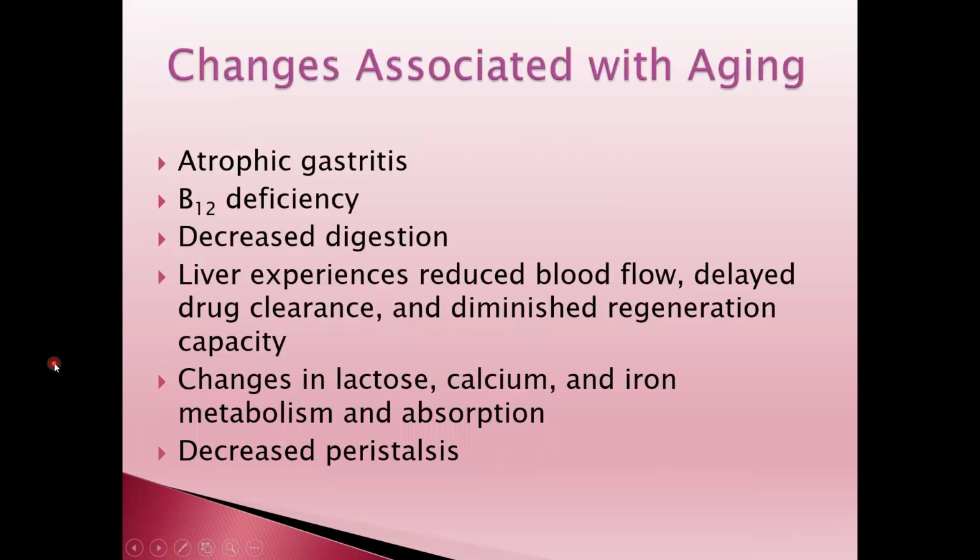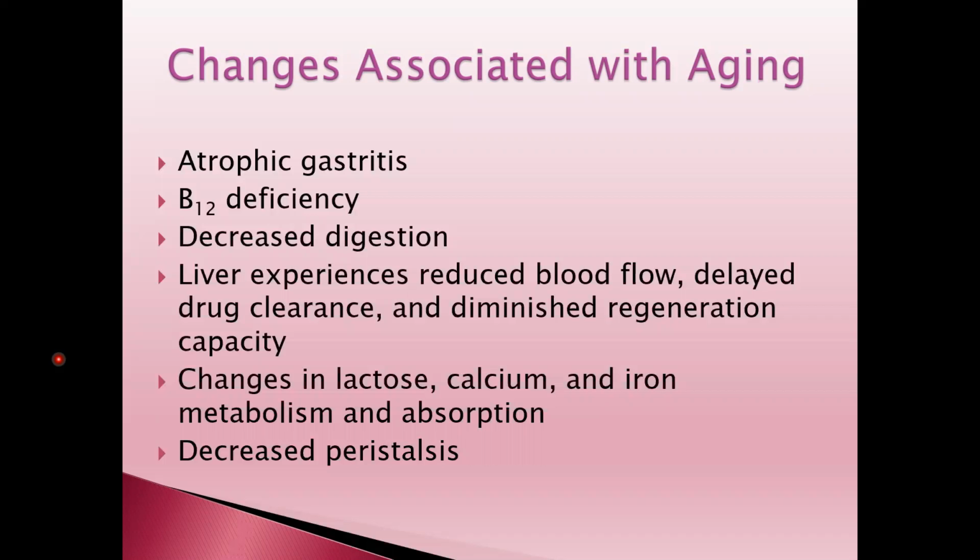Also, atrophic gastritis, due to the protective mechanisms in the stomach not being as active as earlier in life. So there might be gastritis, B12 deficiencies, decreased digestion, and the liver experiences reduced blood flow, delayed drug clearance, and diminished regeneration capacity.